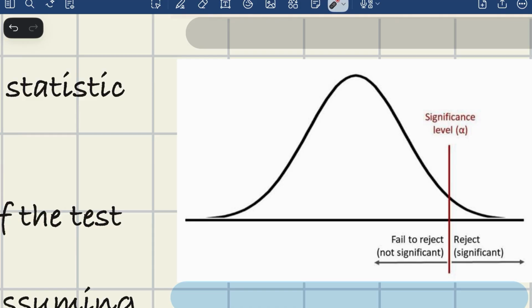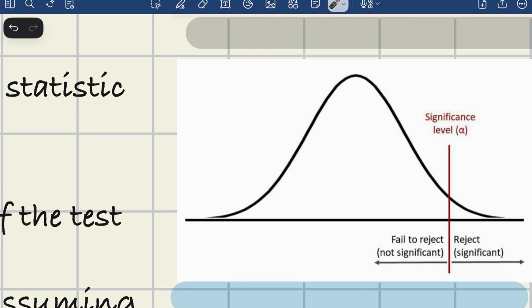This is the borderline, and whatever lies beyond this borderline is where we reject the null hypothesis. It is the maximum risk you are willing to take of making a mistake, especially a type 1 error, convicting an innocent null hypothesis.